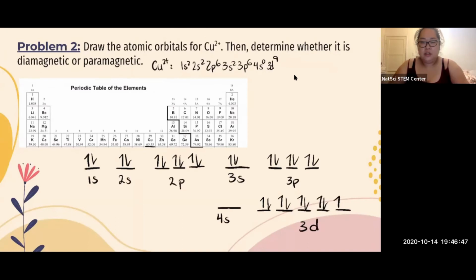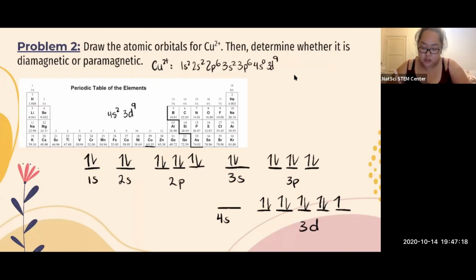So the first thing I did was write out the full electron configuration. You can write it as noble gas too if you want, as long as you know how many are in the outermost. Copper is usually 4s2 and 3d9.